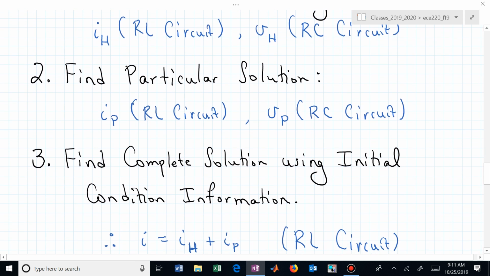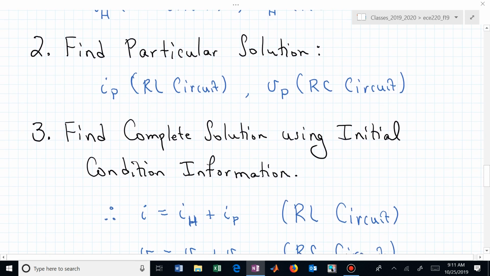And then we'll go ahead and compute or find the complete solution using the initial condition. That's step 3. So it's really a 3-step process. And as I said, once we've done this, since in this class we will be focusing on constant excitation or forcing functions or constant inputs, we'll be able to just say initial, final, exponential, and write down the structure of our solution.